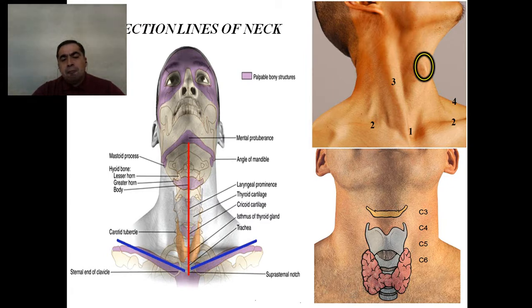The next line for this section must be made parallel to the superior border of both clavicles, this dark blue line. And you are looking at the projection of several internal organs, like the larynx and the thyroid gland.